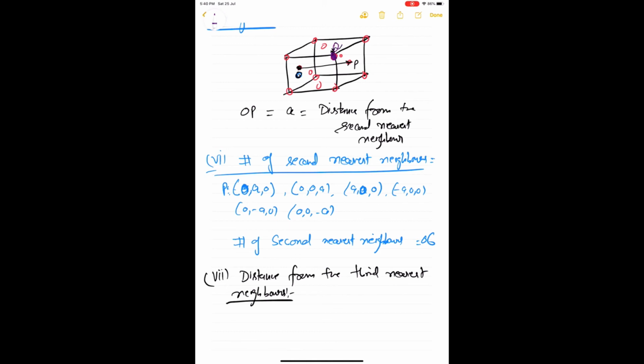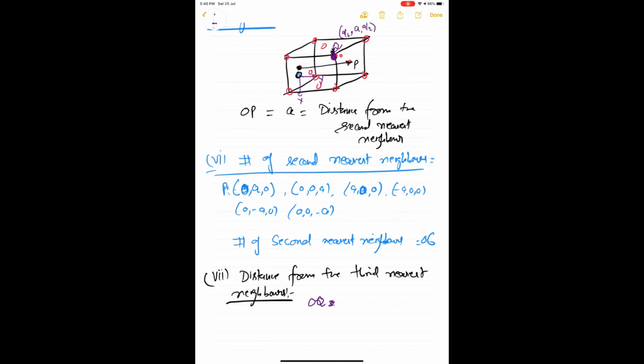If you find the distance OQ, then the coordinate of Q is, if I choose this to be my x-axis, this my y-axis, and the z-axis perpendicular to both x and y, a by 2, a, a by 2.